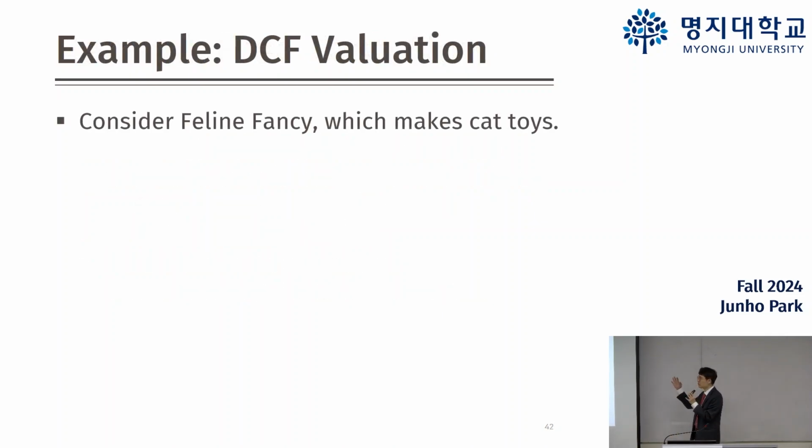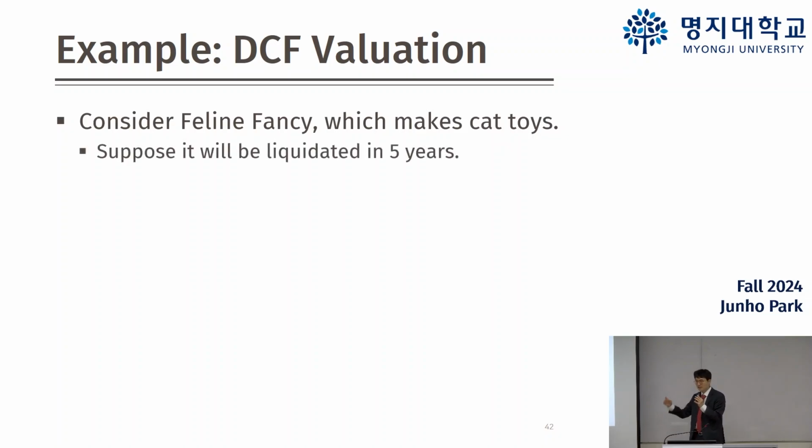And because I believe you are now familiar with this calculation, let me just review the process by looking at another company. In this example, Fallin Fancy makes cat toys, and let's just assume that it will operate only for 5 years, then it will be liquidated, it will be gone.